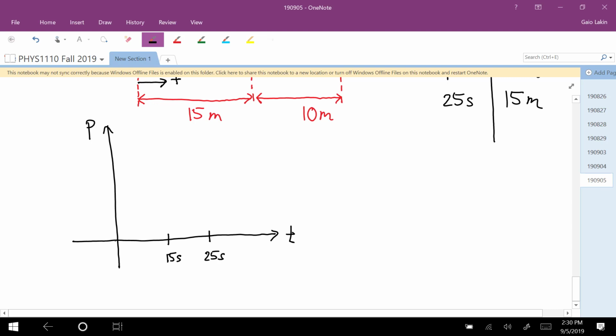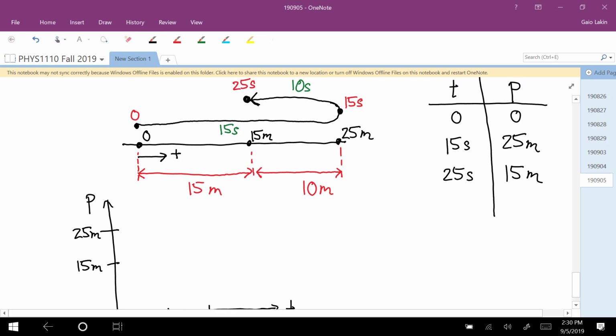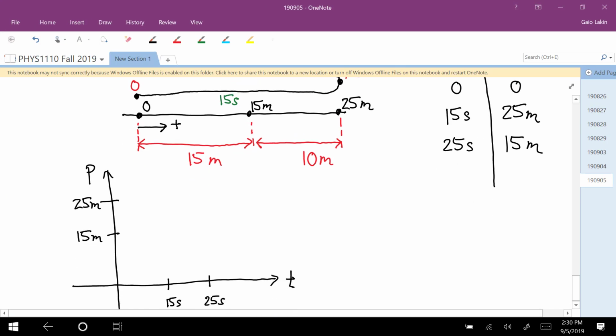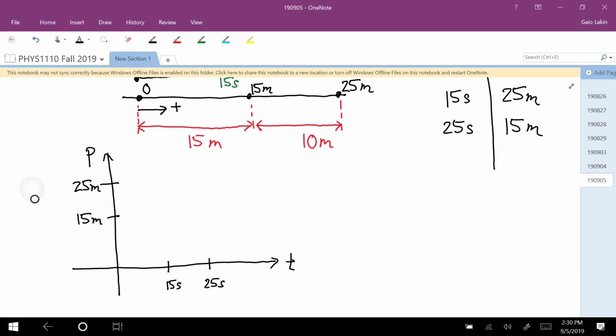And the important positions are 0, 15 meters, and 25 meters. And now I'm just going to read these values off of my table. The first one is 0 time, 0 position. So graphing that point is here.